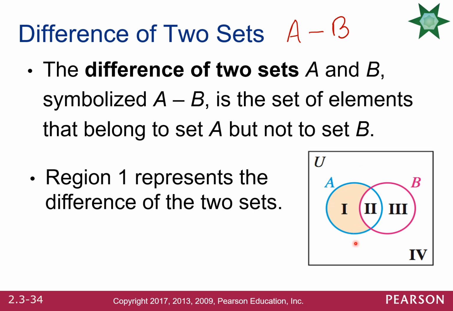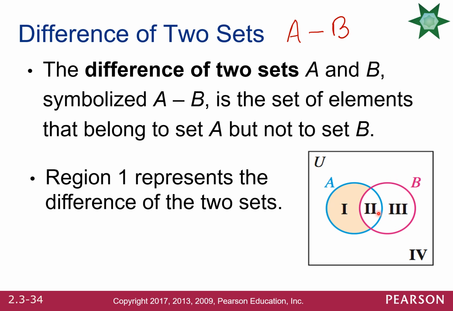In the answer for the difference of two sets, we only include the elements in set A which do not exist in set B. The result would be only the elements in set A which do not belong in set B, and we even take out the common ones because they also belong to B, correct?